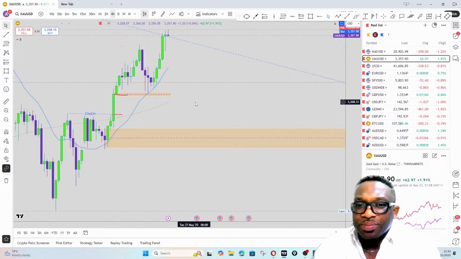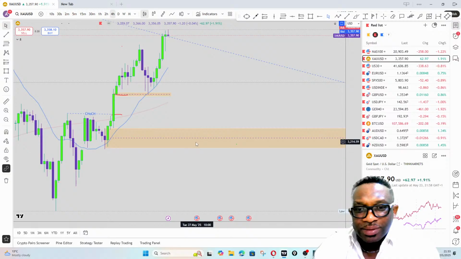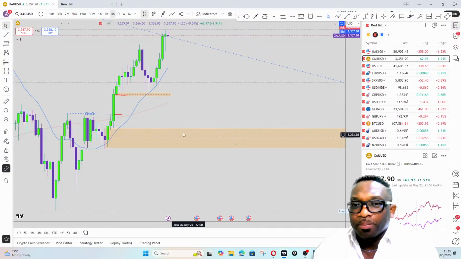The most recent break, this one hasn't been tapped into yet, so it's an area that we can be watching out for. Since it hasn't been tapped into yet, there's a high probability price will tap into it sooner or later.